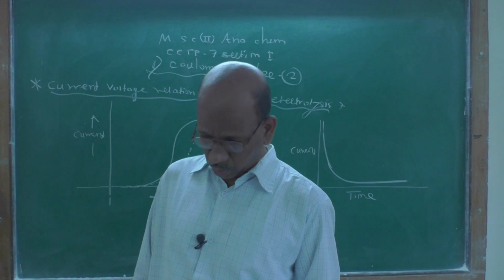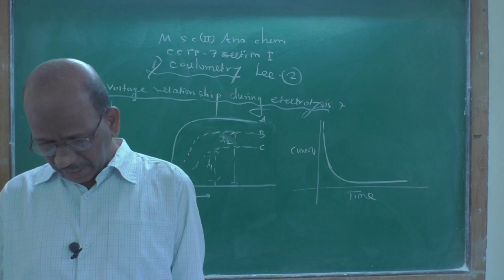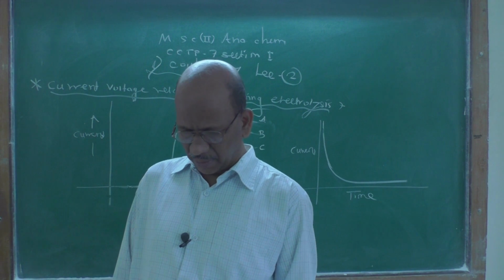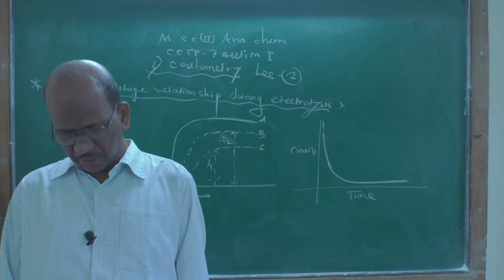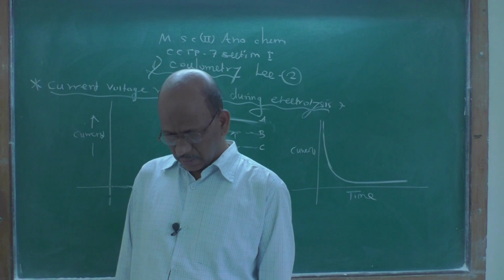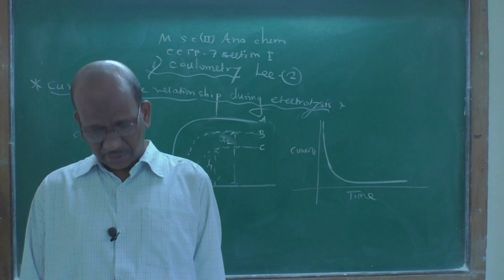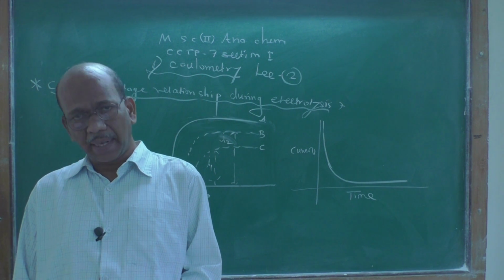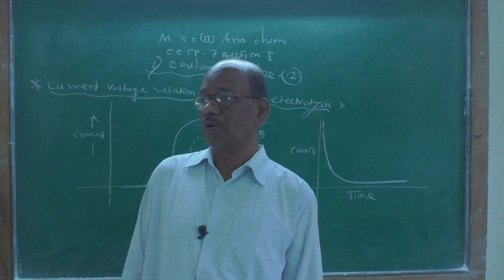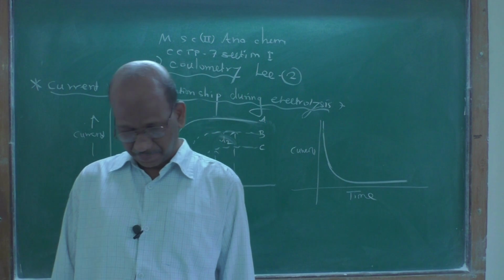The control current coulometer accurately measures the time of flow of the constant current through the electrochemical cell, and using the following equation we can calculate the quantity of electric charge required: Q is equal to IT, where I is current in ampere and T is time in second.